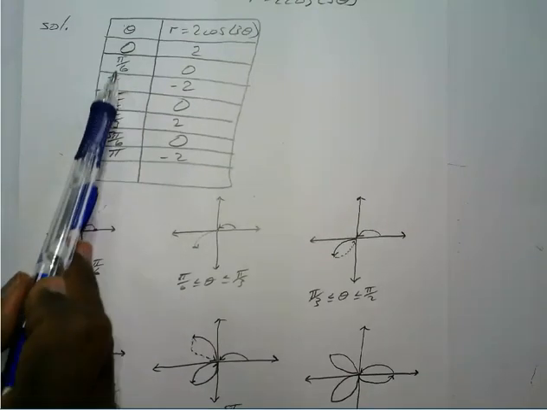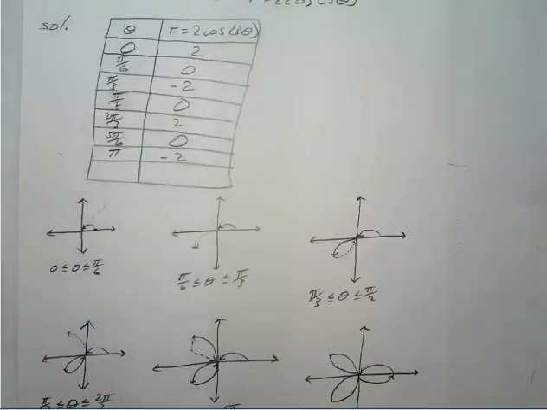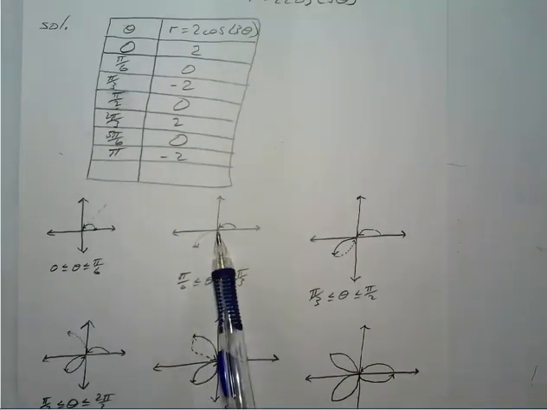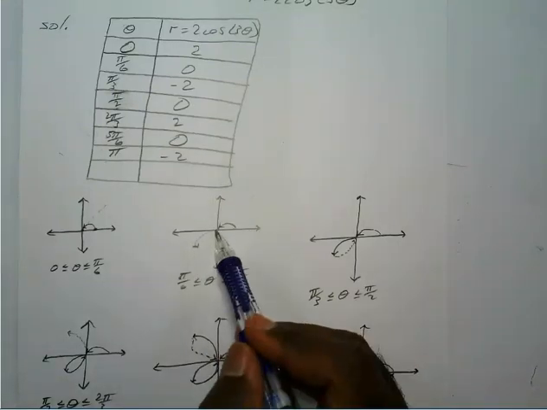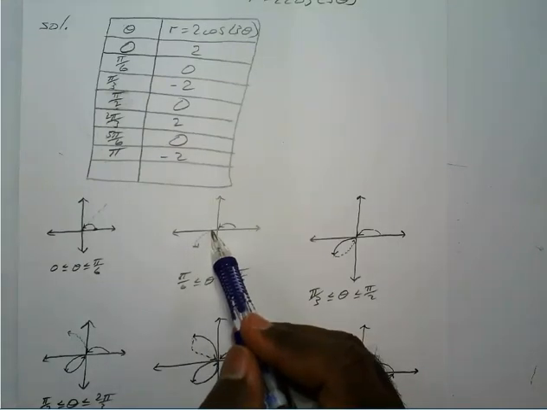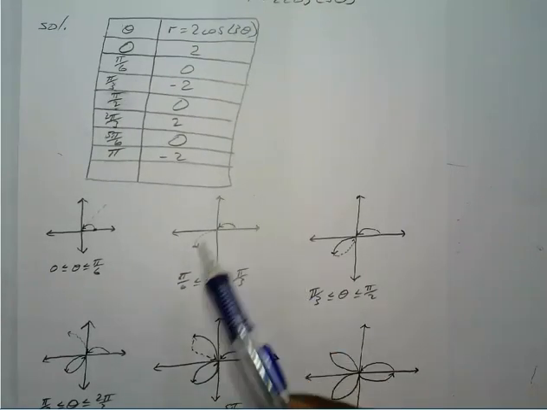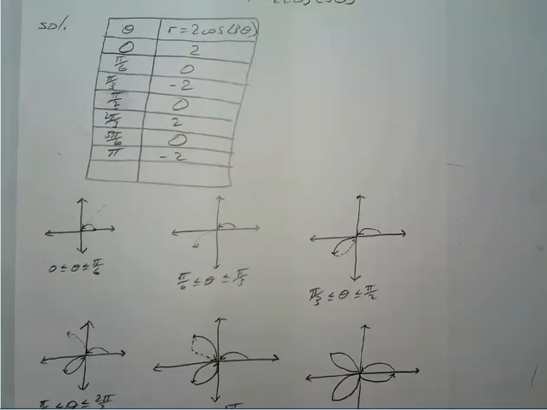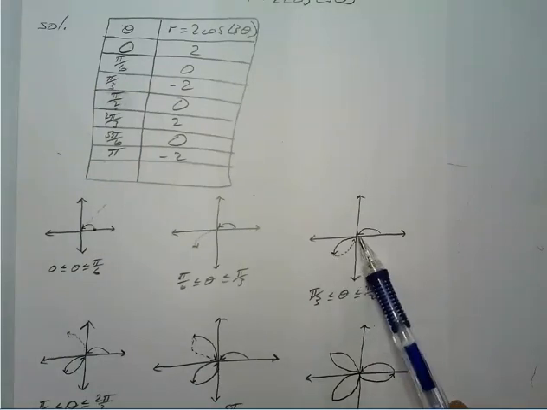And then from pi over 6 to pi over 3, we went from 0 to negative 2. That's how we went from where we were here to here. Okay, so that's our pi over 3, negative 2. Remember, if this is 2, negative 2 is the opposite direction. Okay, then we went from pi over 3 to pi over 2, which took us from a radius of negative 2 to 0.